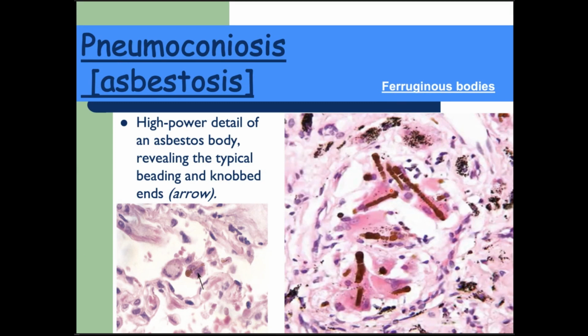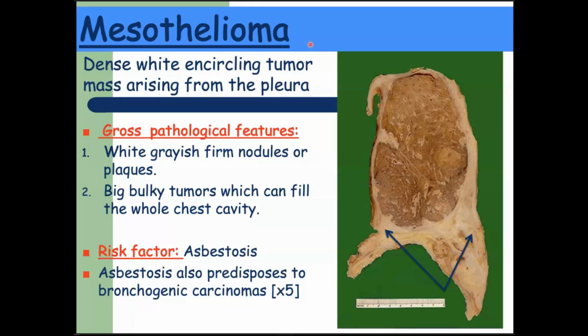So the most important problem with asbestos is that a person can get a malignant tumor of the pleura called mesothelioma. See, all this is a mesothelioma tumor. Mesothelioma means tumor from the mesothelium. Mesothelium is present in the peritoneum also. In the pericardium is also mesothelium.